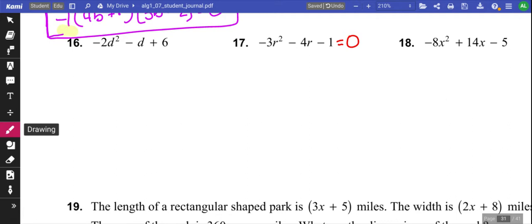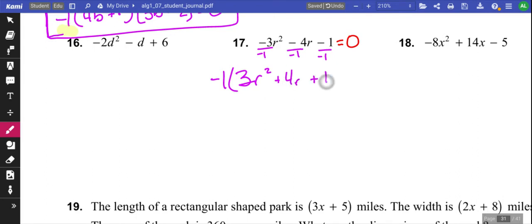Okay, if I have a negative here for a, my very first step needs to be factoring that -1 out. I don't want that there anymore. I need to divide each of these by -1. I'm going to change all of these signs. Okay, so I have 3r squared plus 4r plus 1 equal to 0.